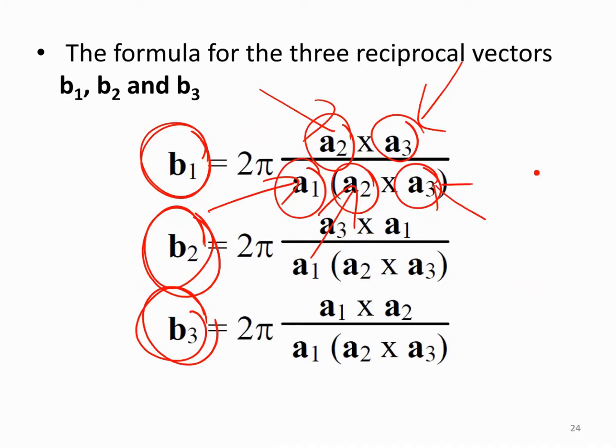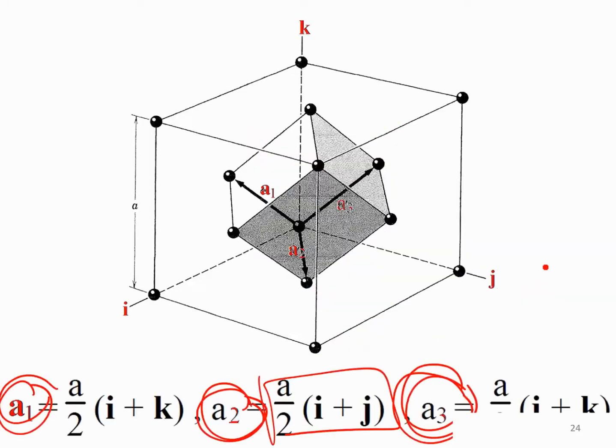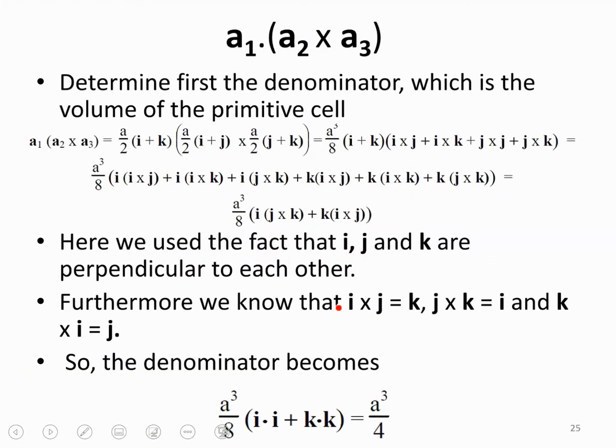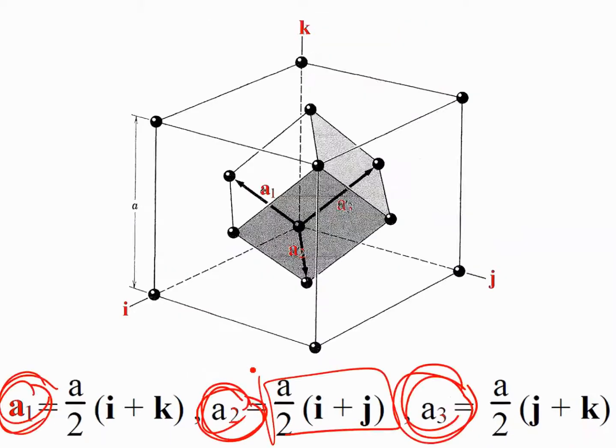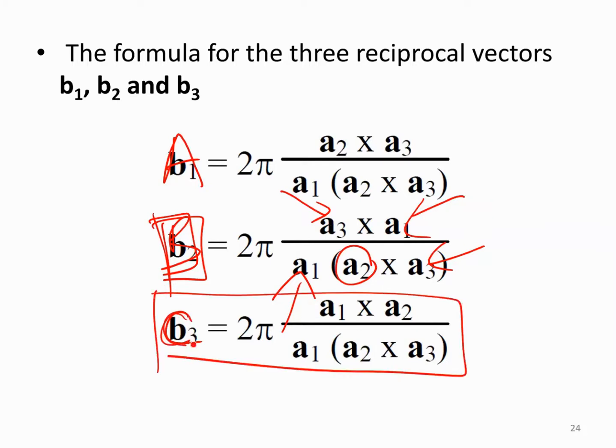Then you solve it, and you will get b1, the reciprocal lattice vector. The same thing applies to the other reciprocal vectors. So for reciprocal b, you substitute a3 into here and here, then a1 into here and here, then a2 into here. Okay, the same thing applies to b3, or reciprocal c. You just substitute here.